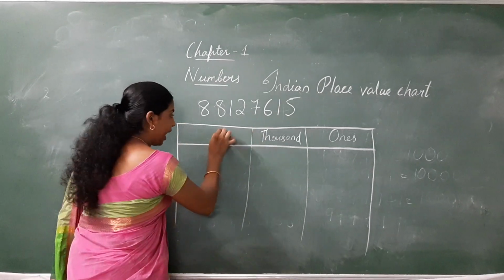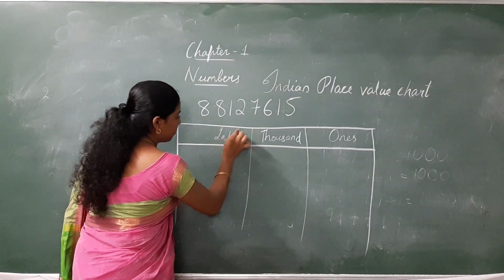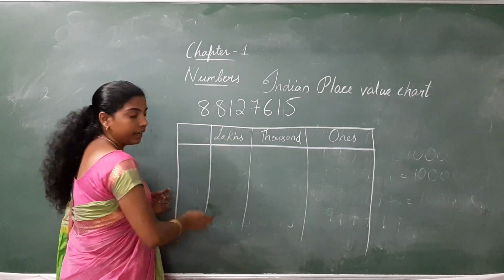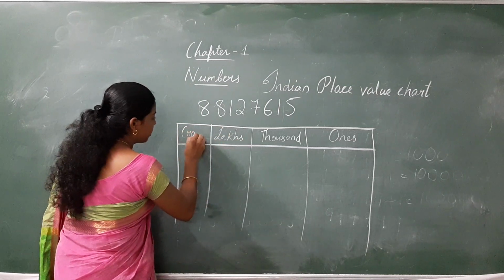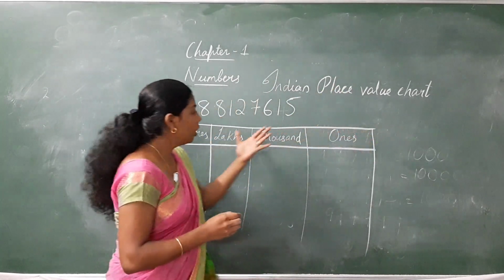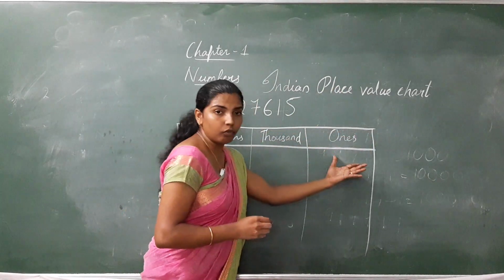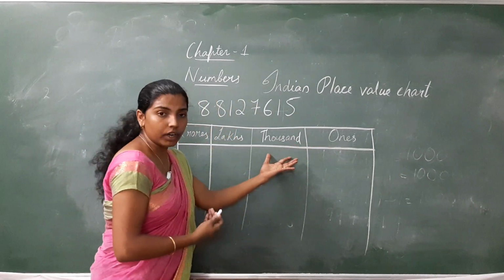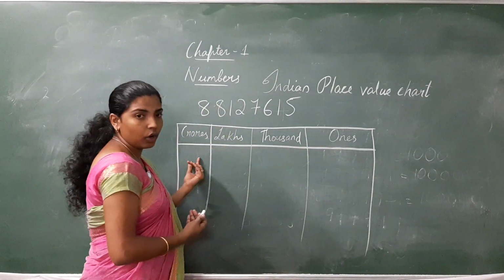Third period is lakh. And the fourth period is crores. So first one ones from the right side, second one thousand, then lakhs and crores.